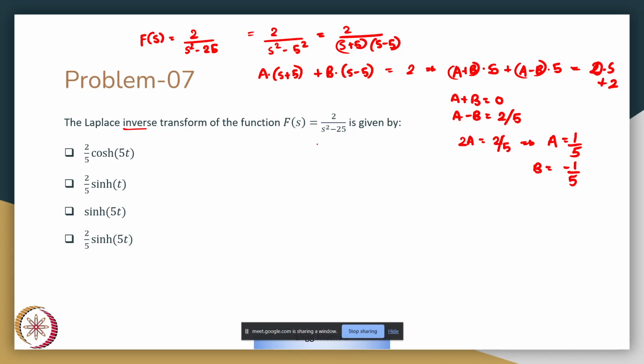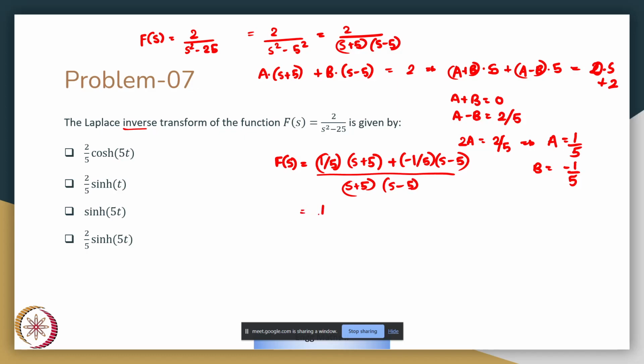So my function F of s ends up looking like 1/5 of 1 upon s minus 5 minus 1 upon s plus 5.